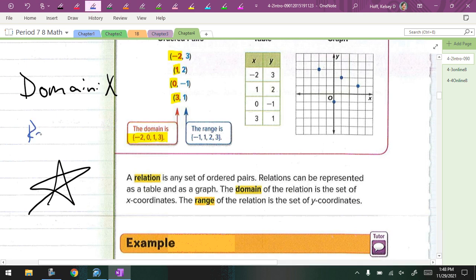The range are all of the y-coordinates. So they took all the y's and they wrote them in a list. You have to remember, domain is x, range is y. On Friday, you can't say, Miss Hoff, which one's x and which one's y? Domain is x, range is y.